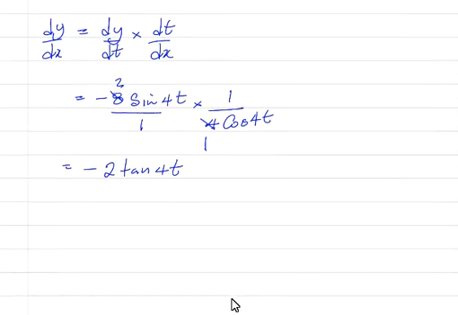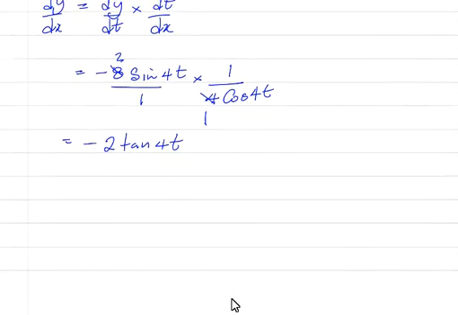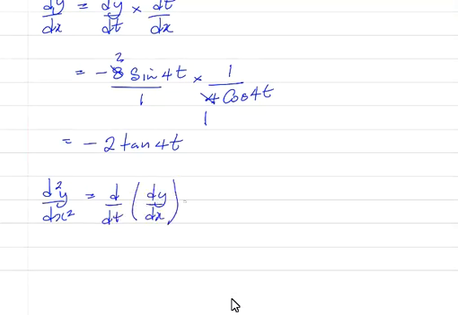Alright, first of all, d2y by dx squared is found by differentiating dy by dx with respect to t, multiplied by the reciprocal of dx by dt, so that's dt by dx.